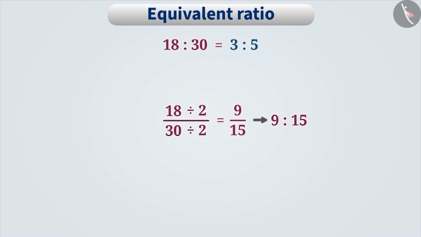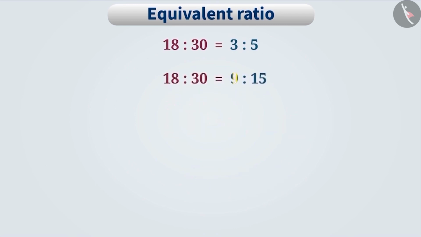Since both the numerator and denominator are being divided by the same number, the value of 9 by 15 will be equal to 18 by 30. This means 9 by 15 is an equivalent fraction of 18 by 30. Or, in terms of ratio, we will say 9:15 is also an equivalent ratio of 18:30.